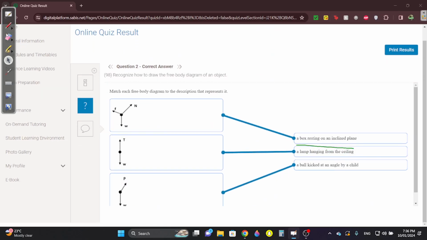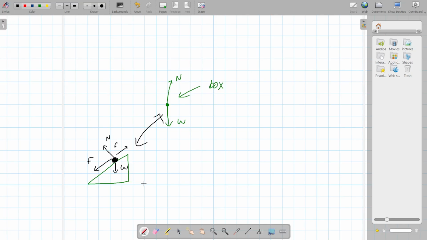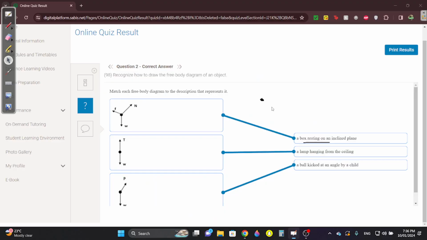So let's solve this one. Here they're saying resting on an inclined plane. If it's resting on an inclined plane, like the one I drew here, there's the weight acting downwards. They said resting, not rolling.